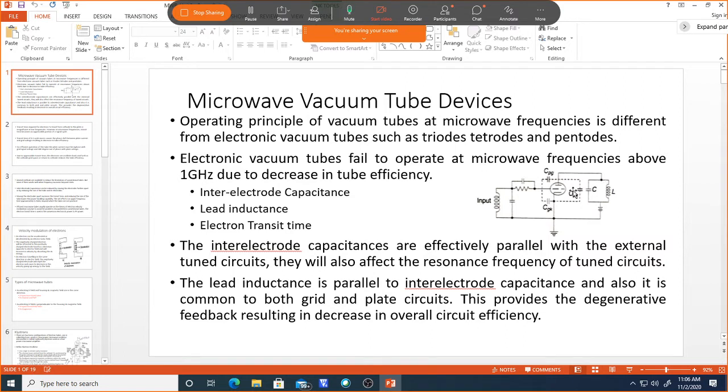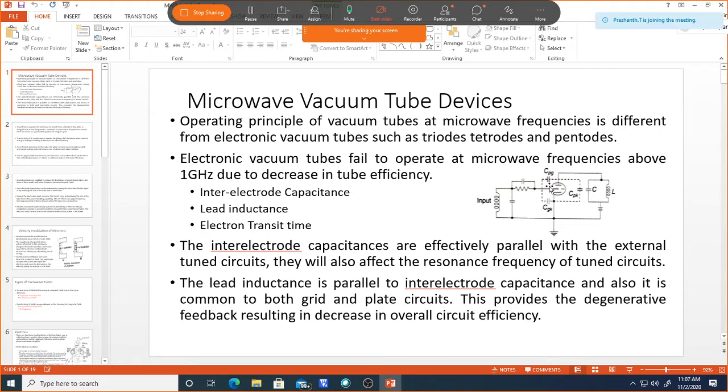The plate collects them and gives the power at the resonance frequency. What happens at higher frequencies? The wavelength of the signal is very small, and it changes fast with positive and negative half cycles. Whatever input we give at this side, the signal cycle changes very fast due to the higher frequency. When the electrons emitted by the cathode reach the grid, the grid changes very fast between positive and negative cycles.